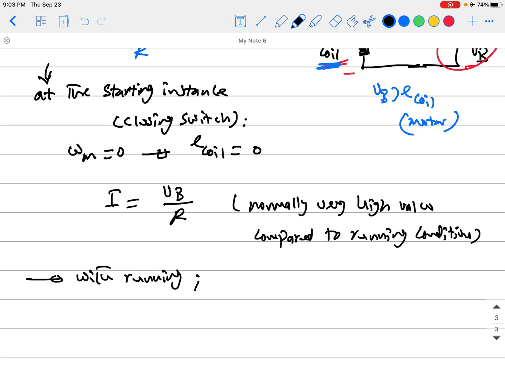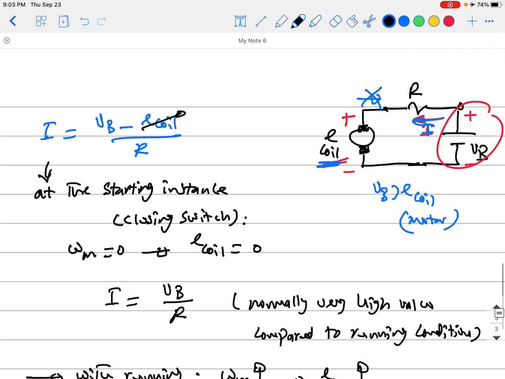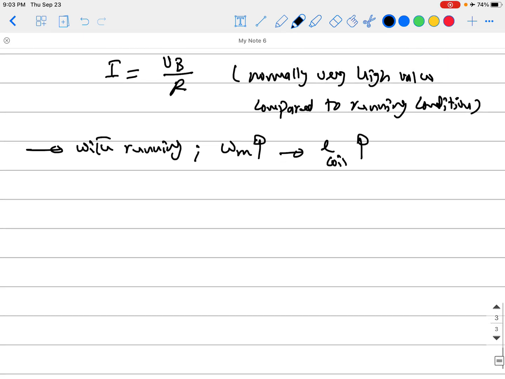Now you have a value for omega m. The speed starts going up, and that means the induced voltage over the coil starts going up. And if you see this E coil in the equation here starts going up, that means I will start going down.